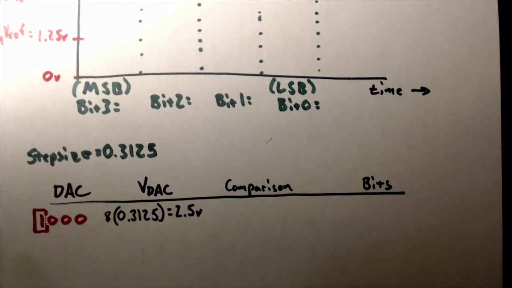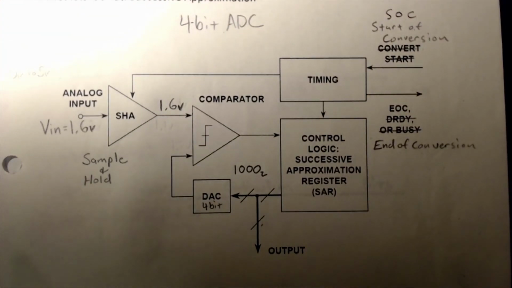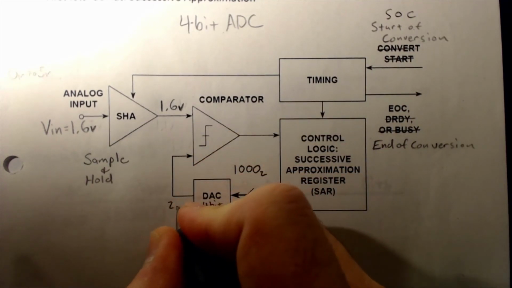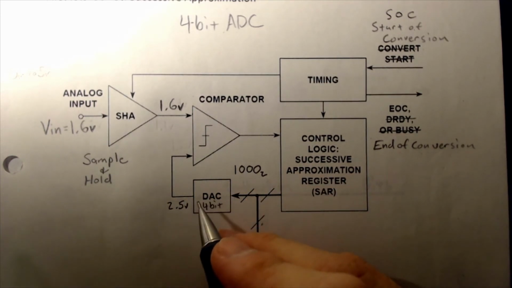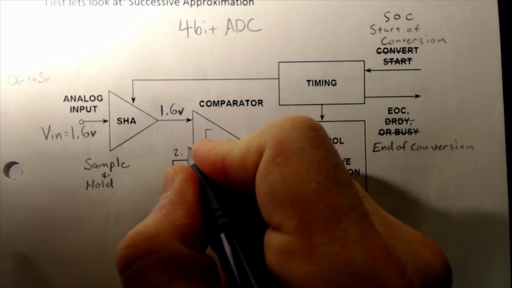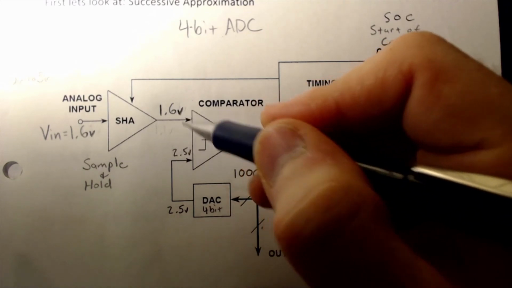Okay. So let's go back to over here. So we are now outputting 2.5 volts. That's all the DAC's doing. 2.5 volts now enters this comparison and gets compared to 1.6 volts.